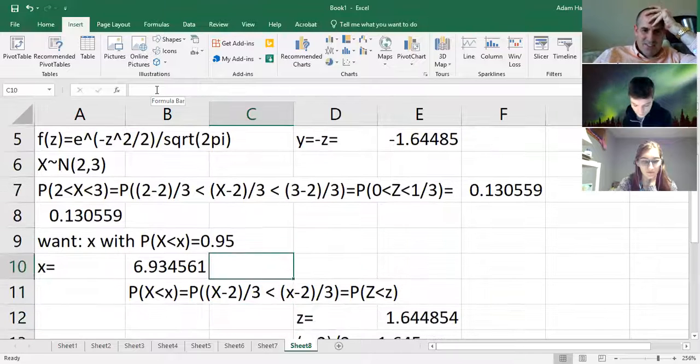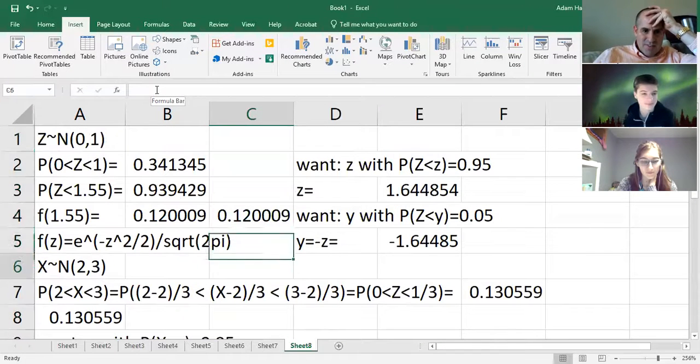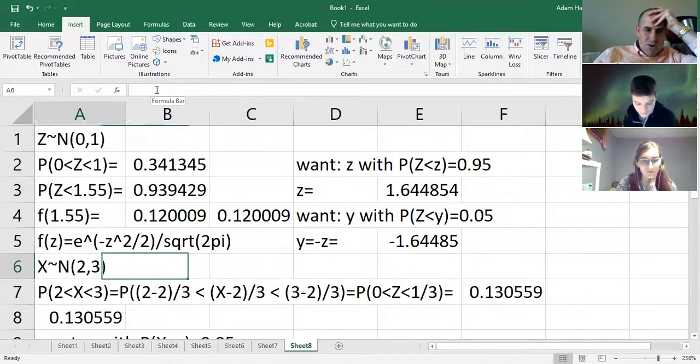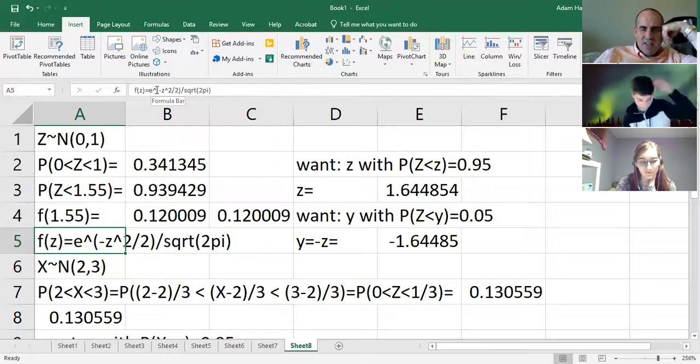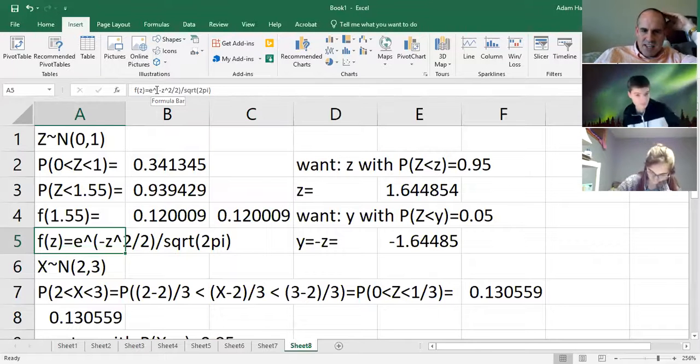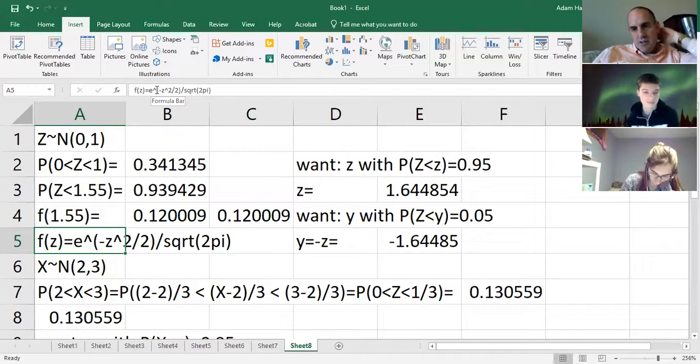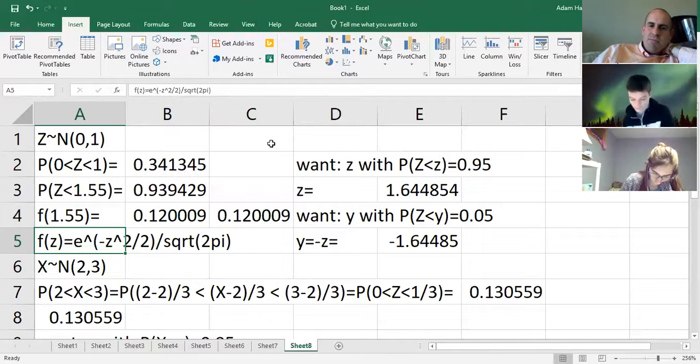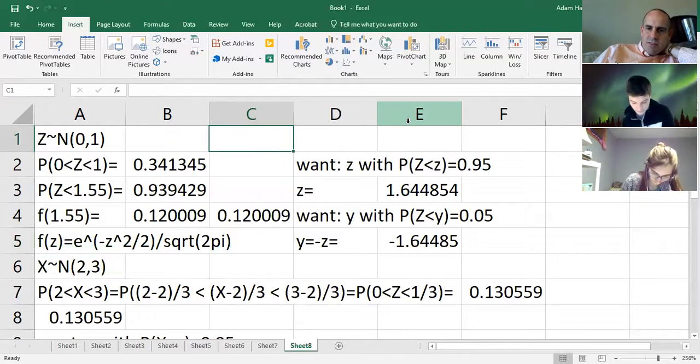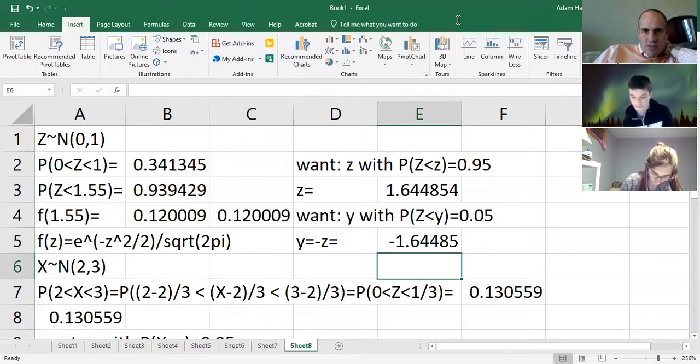Does that make sense? And of course, the density is slightly more complicated in the case of something that's not the standard normal, but yeah. Cool. Well, what else? Good question.